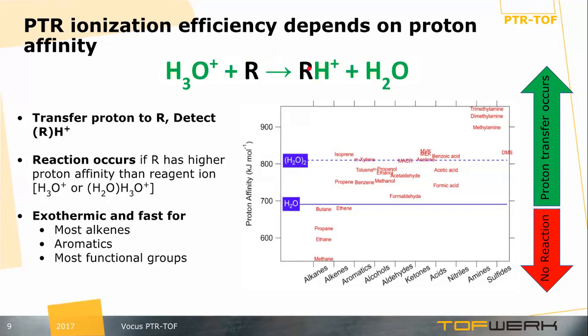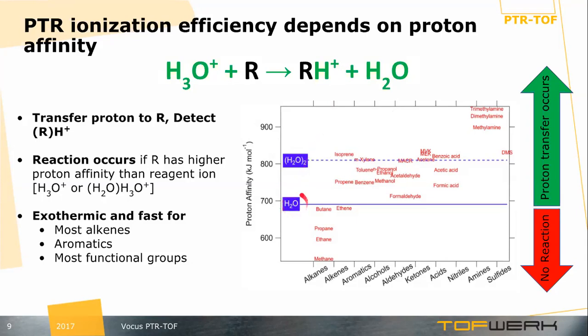And this is the proton transfer. The rate at which this proceeds depends a lot on the water cluster distribution and what your primary ion looks like. This forward reaction will only happen if the proton affinity of the molecule you want to detect is higher than that of your reactant ions.